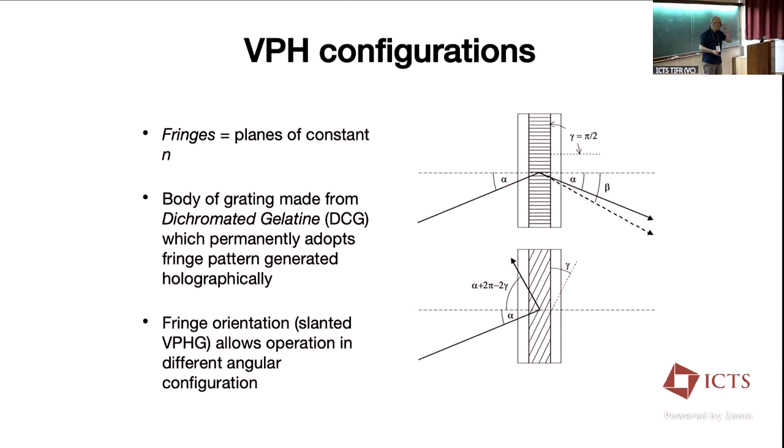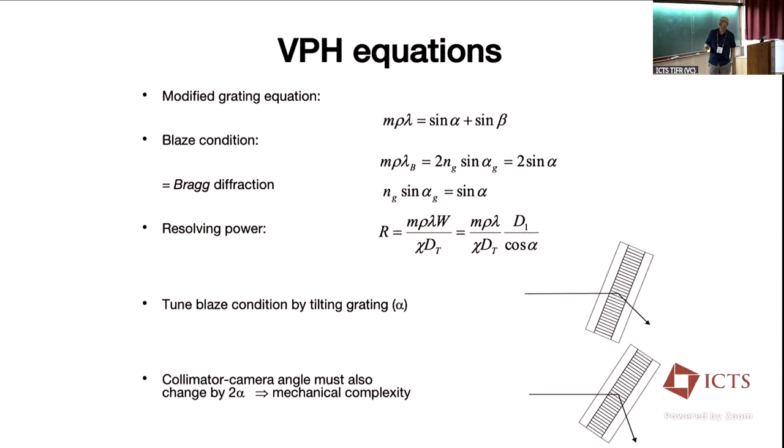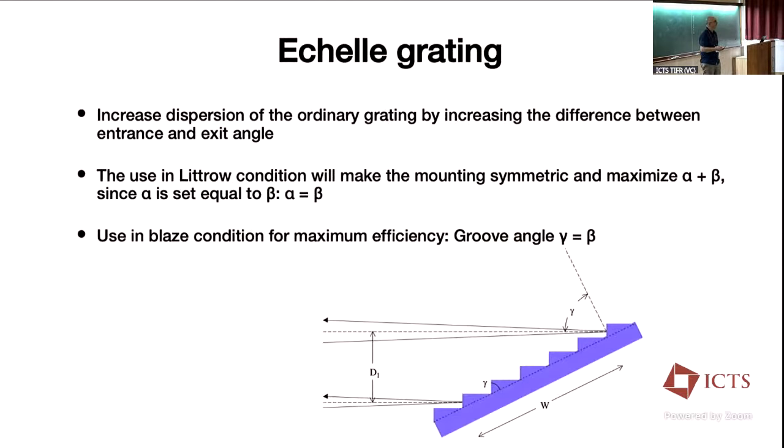There are volume phase holographic gratings, VPH, where instead of having a surface structure, I code an index variation into a gelatin, into a material. And these will produce a diffraction pattern identical or very similar to the one of a grating. Again, I don't go into the details because the formulas are the same.